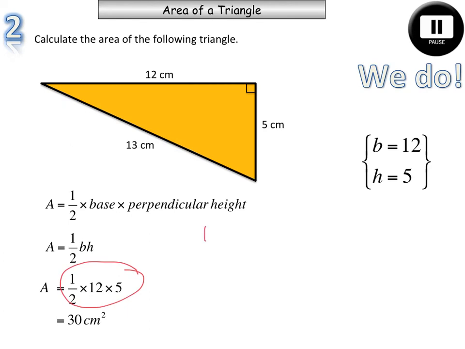You can do a half times, and 12 times 5 is 60, and half of 60 is 30. Or you can say a half of 12 is 6 times 5. So there's a few different ways you can calculate this, but if you just use your calculator, you end up getting 30 square centimeters.